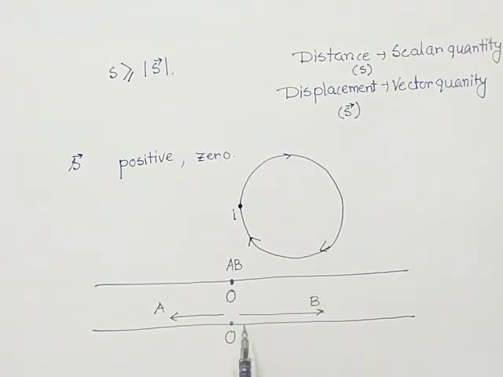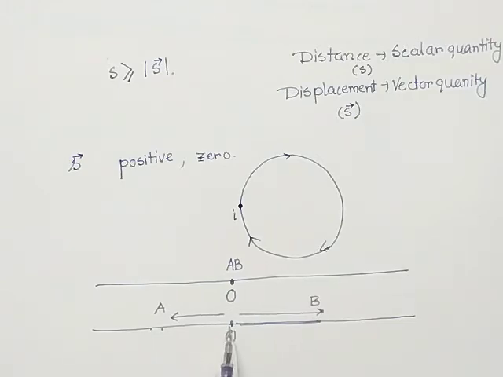So if I take this direction as positive, then the opposite is considered negative. If the displacement associated with B is positive, then the displacement associated with A with respect to the reference point is negative.